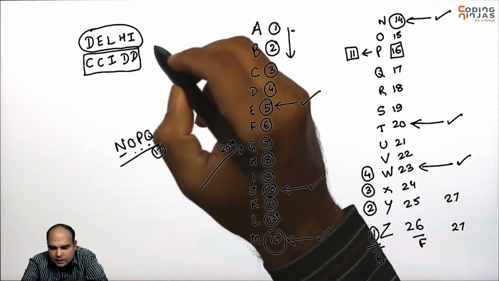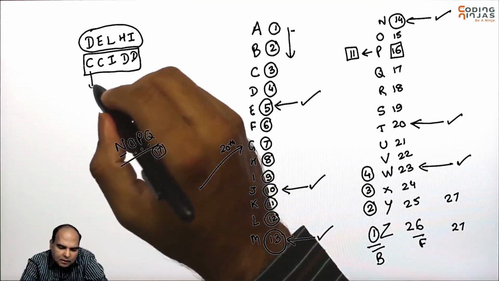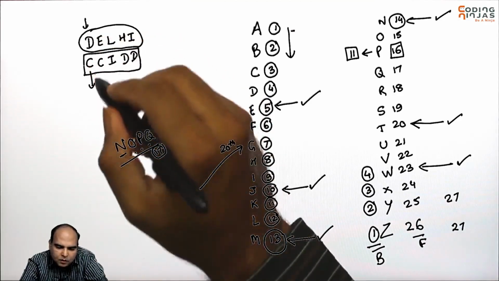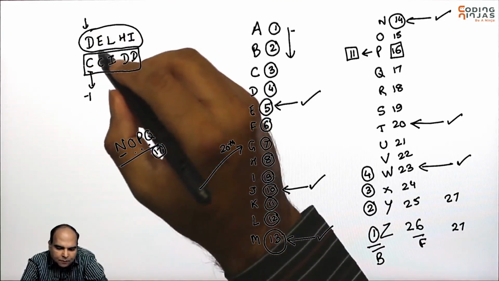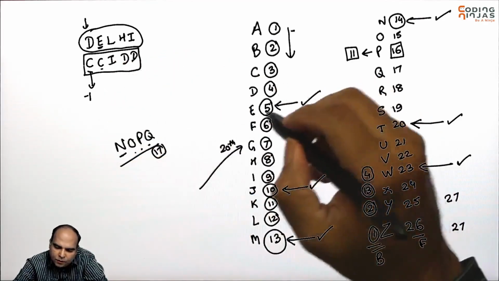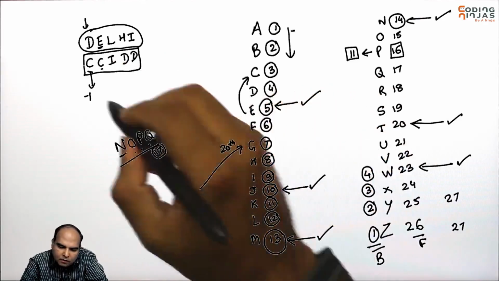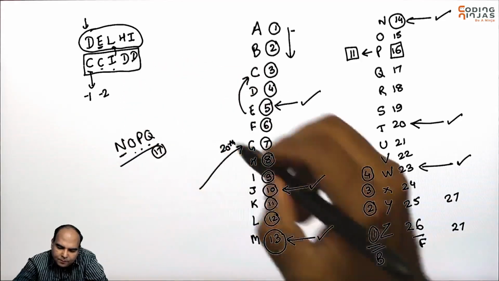As I said, these questions are always about recognition of patterns. What you can see is that for D, there's a -1 pattern here. For the second alphabet, E, you get a -2. For I, you go to L.